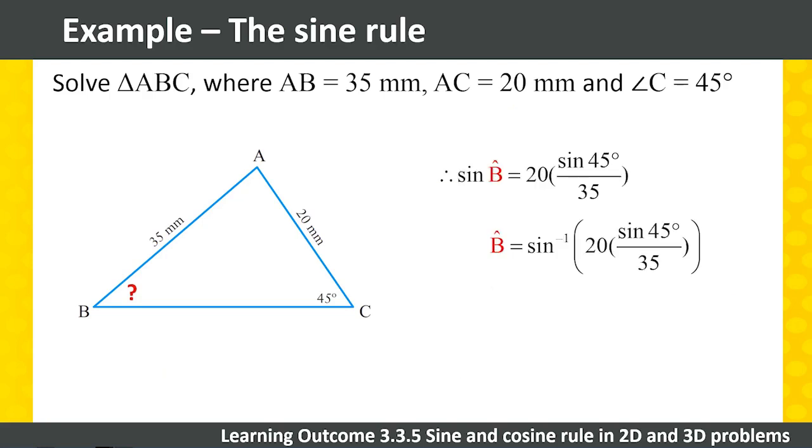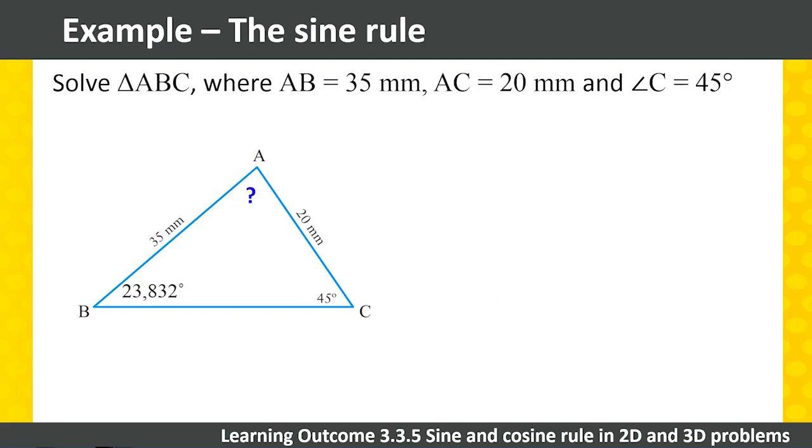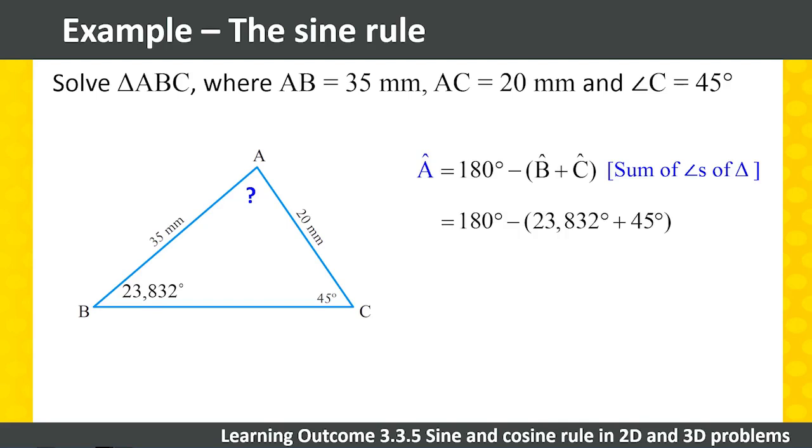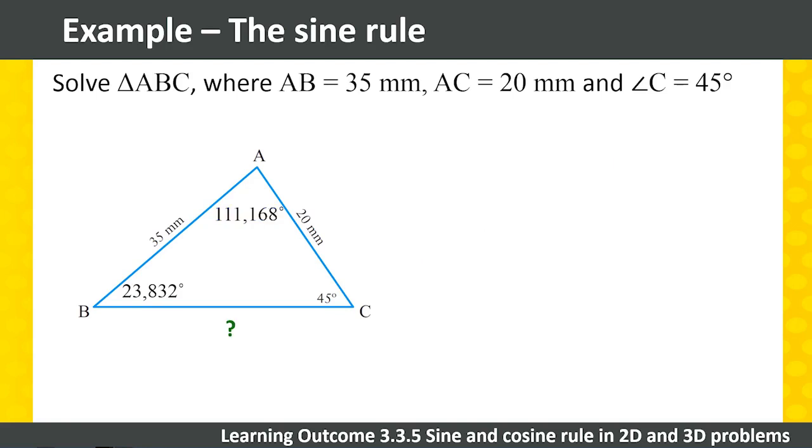Using the arcsine function on our calculator, we get a value of 23,832 degrees for B. Now that we have 2 angles in our triangle, B and C, we can easily find angle A. We know that the sum of angles of a triangle adds up to 180 degrees, so angle A equals 180 degrees less 23,832 plus 45 degrees, which gives us 111,168 degrees.